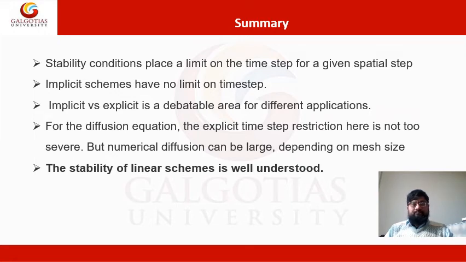Summary. Stability conditions place a limit on the time step for a given spatial step, because sigma, which is the CFL number, is equal to C delta t upon delta x. So if there is a mesh size of 0.1 and C is 1, we cannot choose our time step large in the case of explicit formulation.